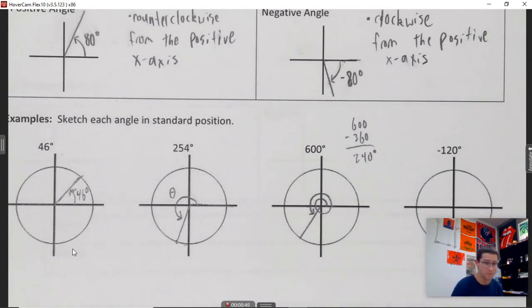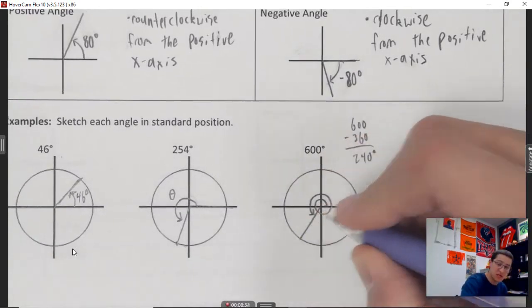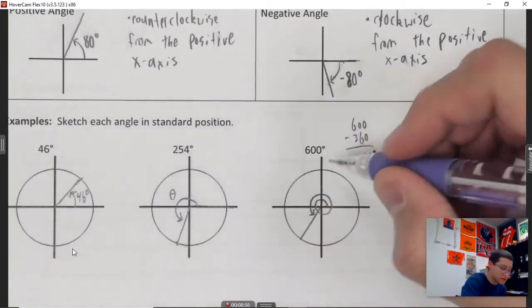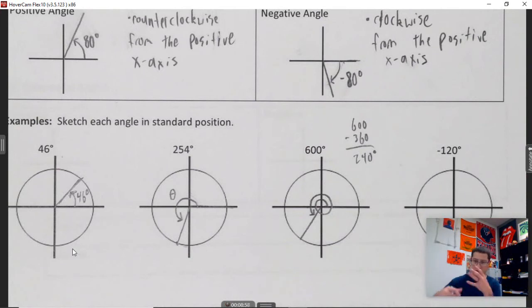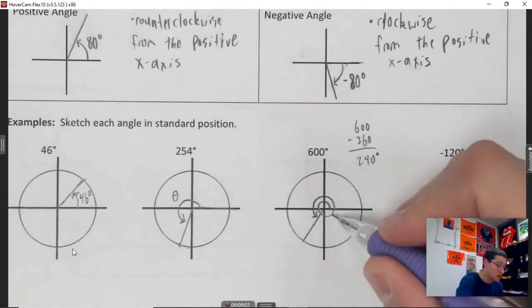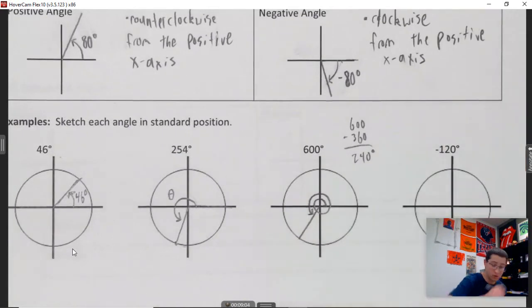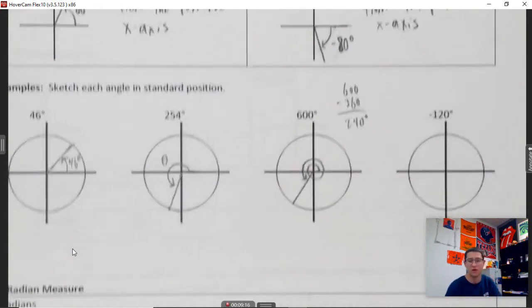Again, 240 is going to be in that same position. It's just you have to go all the way around once with the 600 in order to complete it. So that is a picture of my angle for 600 degrees. The arrows are actually extremely important, as you're seeing here, in order to really show what the angle is referring to.